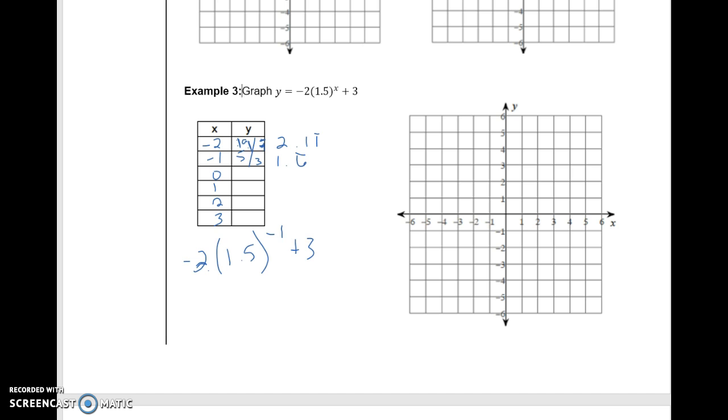So instead of -1, it becomes 0, which is just 1, humorously. So use my calculator, swap out my guy, make him a 1. That's going to give me 0.